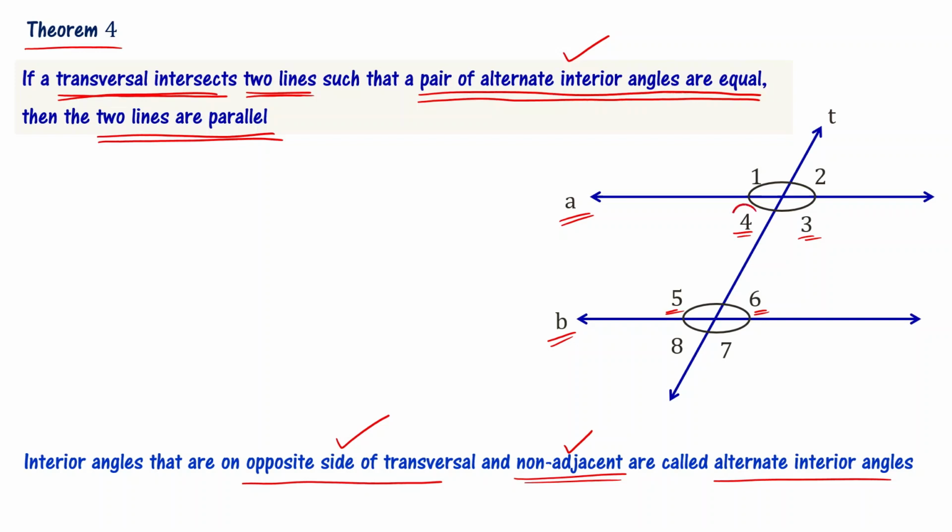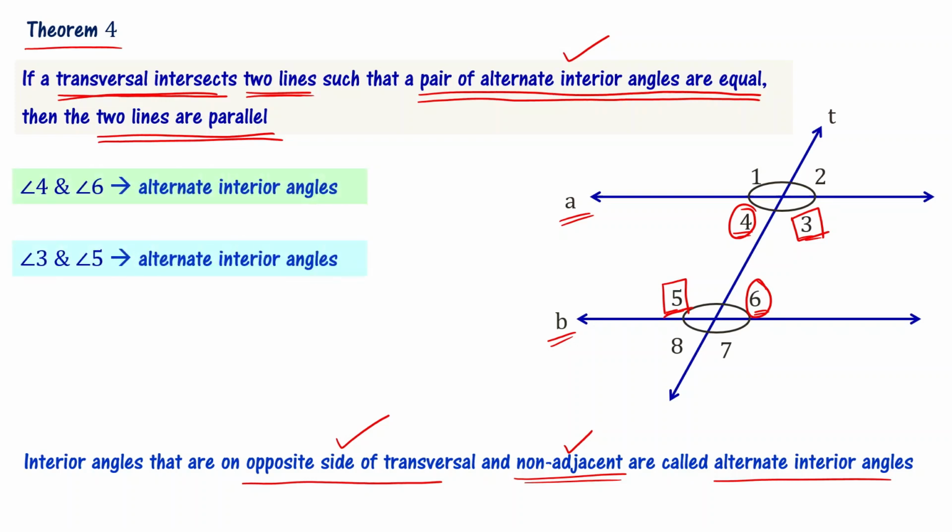Ante angle 4 and angle 6 are one pair of alternate interior angles, angle 5 and angle 3 are another pair of alternate interior angles, right? Now ఈ థియరం ఏమని చెప్తుంది?